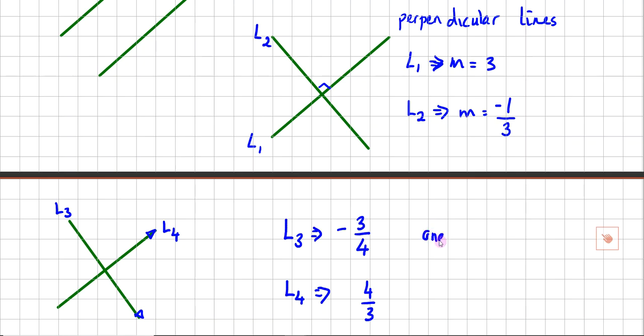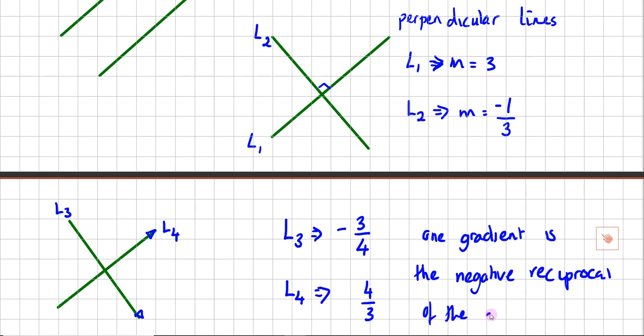So what it's called is perpendicular lines. Okay? We would call it this. This is important for you. One gradient is the negative reciprocal of the other. The actual definition of reciprocal is when you do 1 divided by that number. So the reciprocal of 2 is 1 divided by 2.